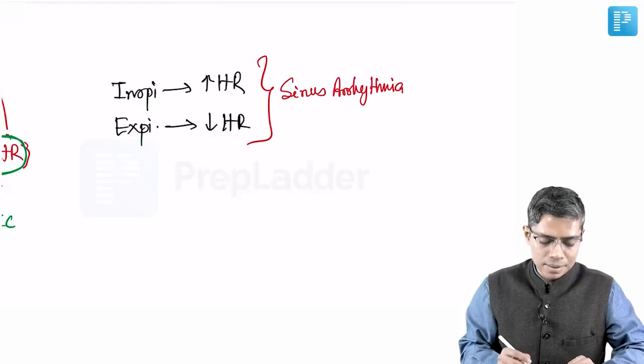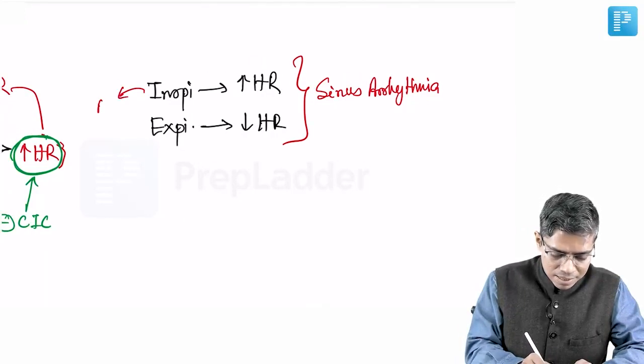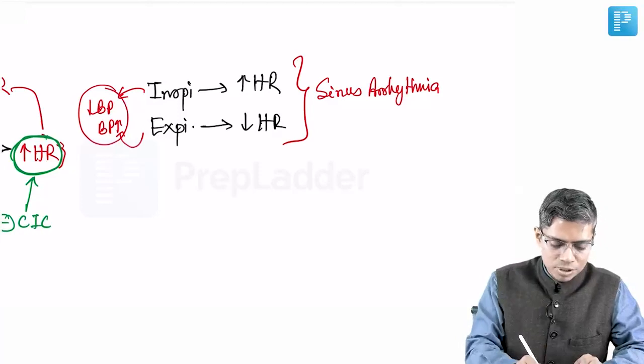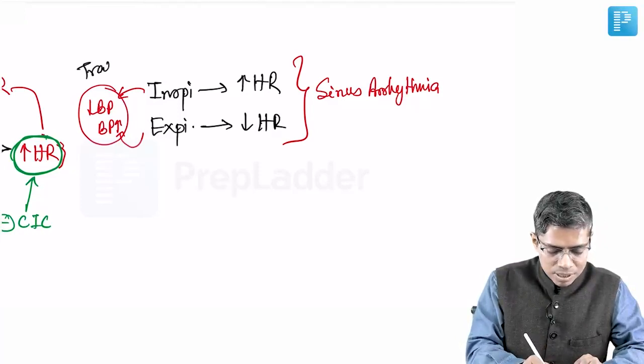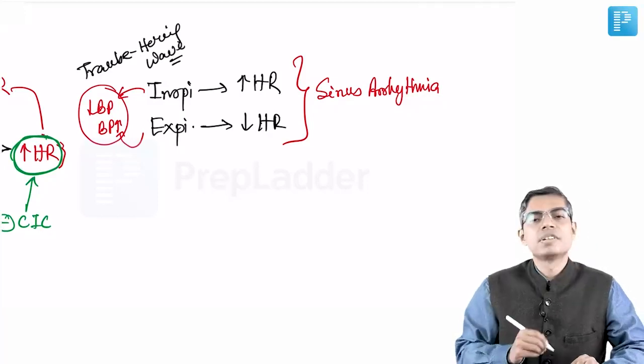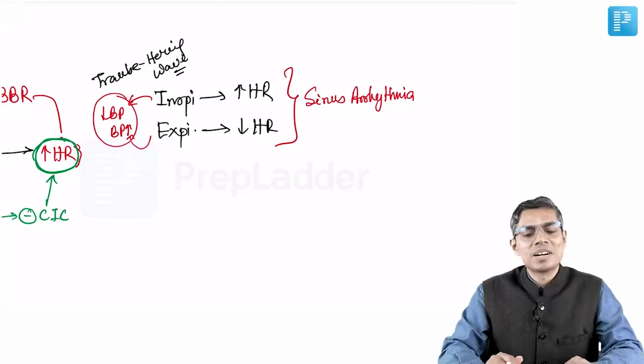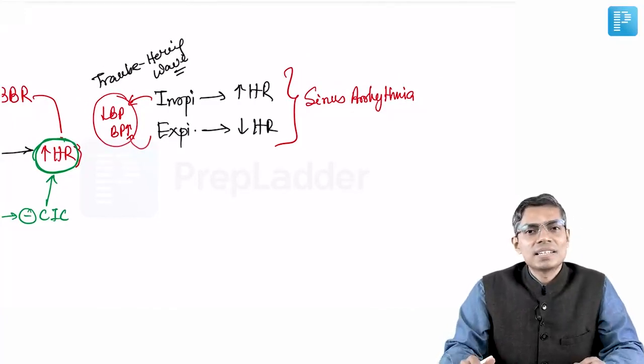And we have also seen that during inspiration the BP decreases, and during expiration the BP increases. If you record this fluctuation of blood pressure, that is nothing but Traube-Hering wave. So this is all about your regulation of blood pressure and applied aspects.